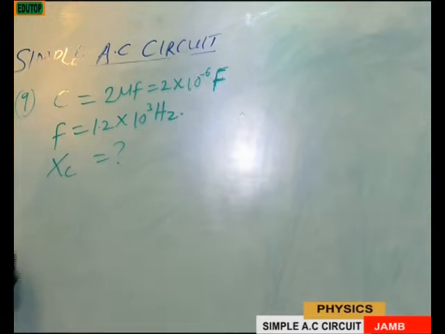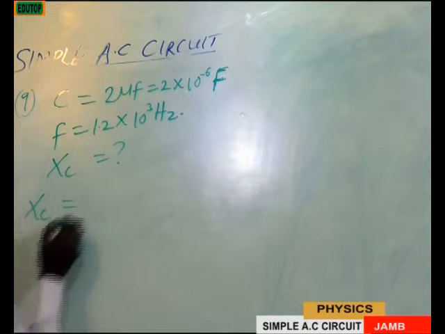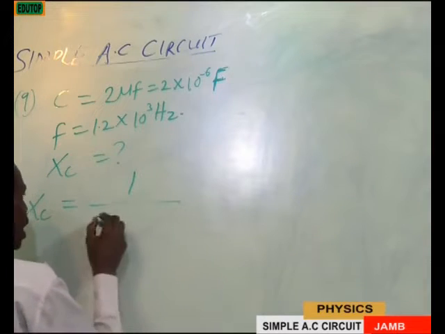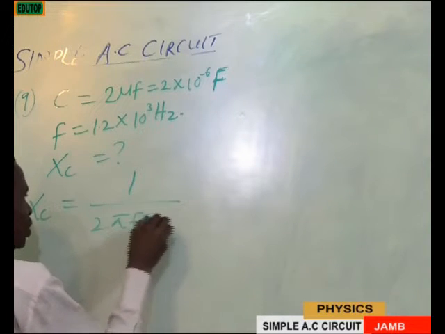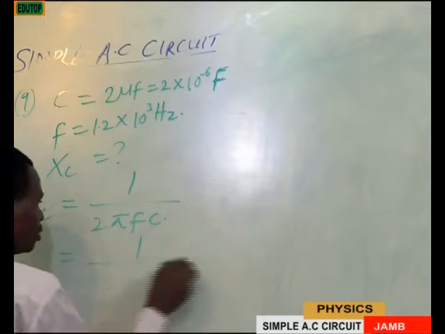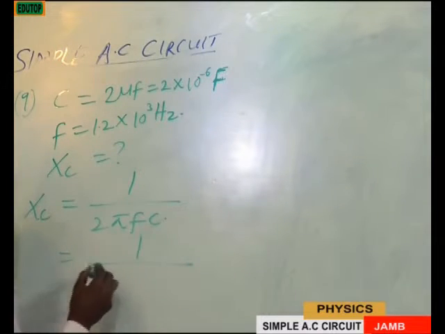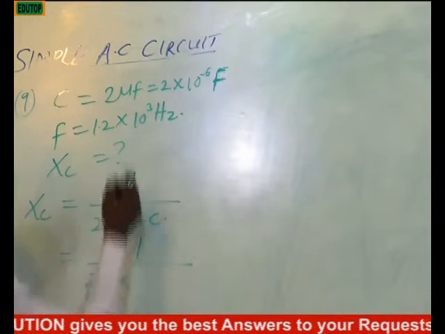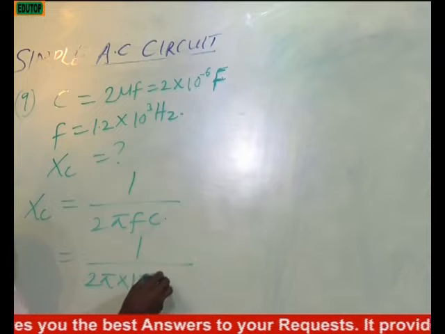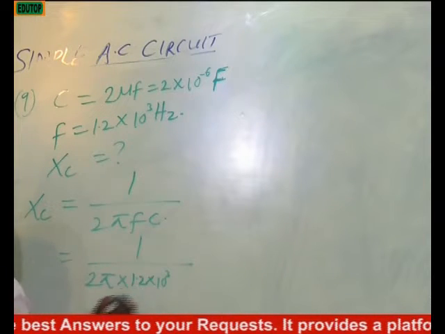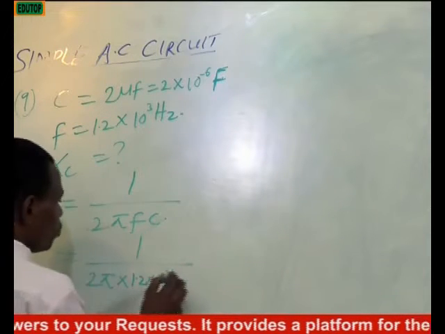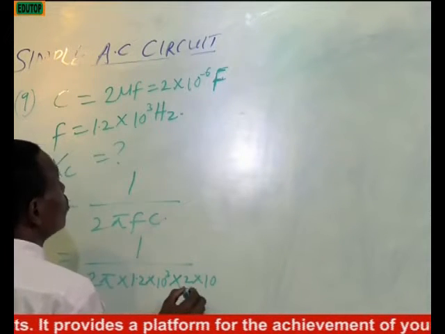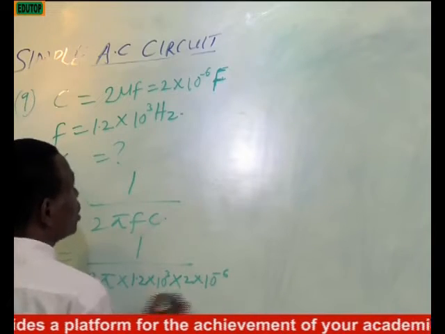Xc. You remember that the formula for capacitive reactance is equal to 1 divided by 2 pi fC, which is equal to 1 divided by 2 pi, f is 1.2 times 10⁻³, C is 2 times 10⁻⁶.